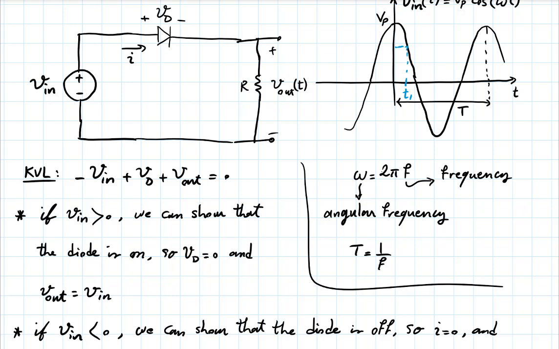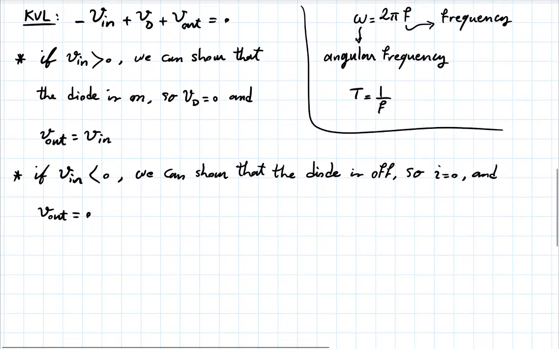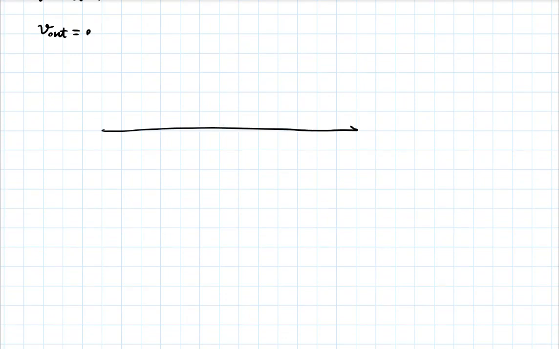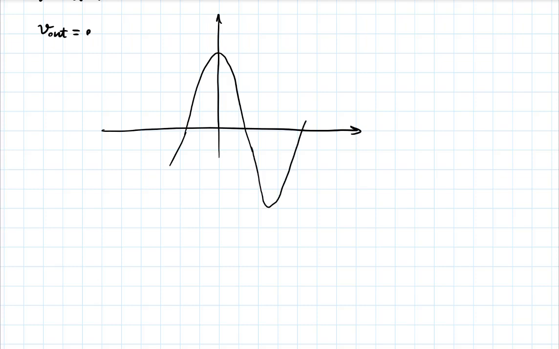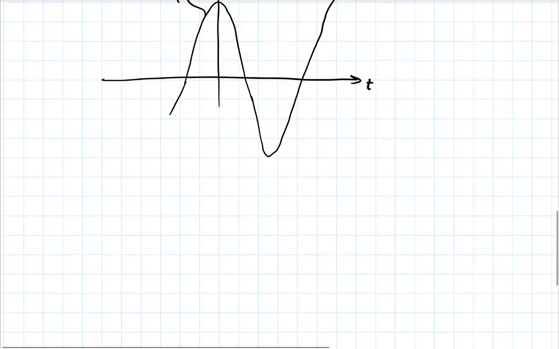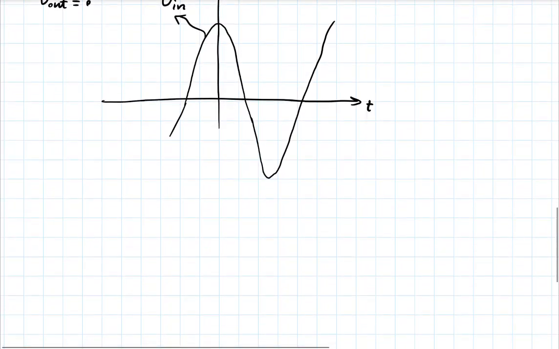So if I were to plot that, if this is my Vin, this is Vout.